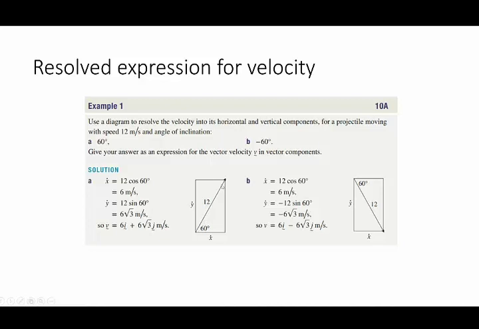If you imagine this vector, it can sort of flop down to here, or it can pull away to here. So you can write it that way, and once we've got those two different components, then I can just write the vector with the i and the j. Similarly, if it's at negative 60, so we're just simply going that it is going below the x-axis by 60 degrees, and we just have to remember to put a negative in here.